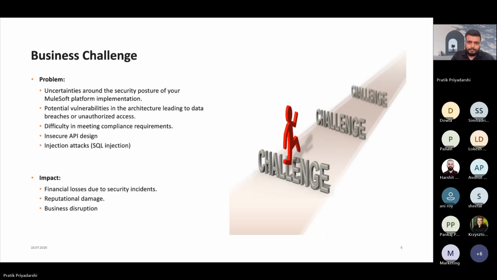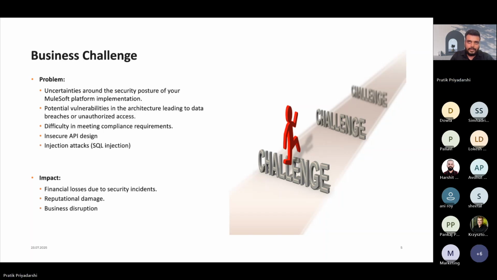So the reality is many organizations today, even very mature organizations, are not very confident. They don't truly know their MuleSoft security posture. They operate with assumptions and uncertainties, and the problem is that these uncertainties are very, very risky.